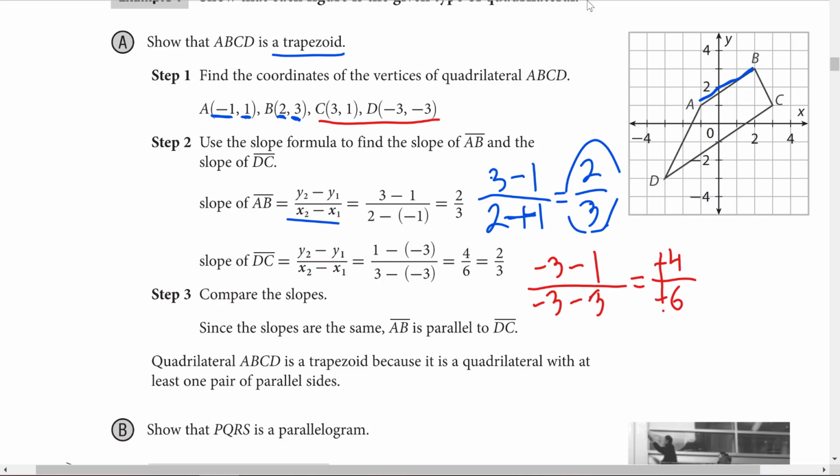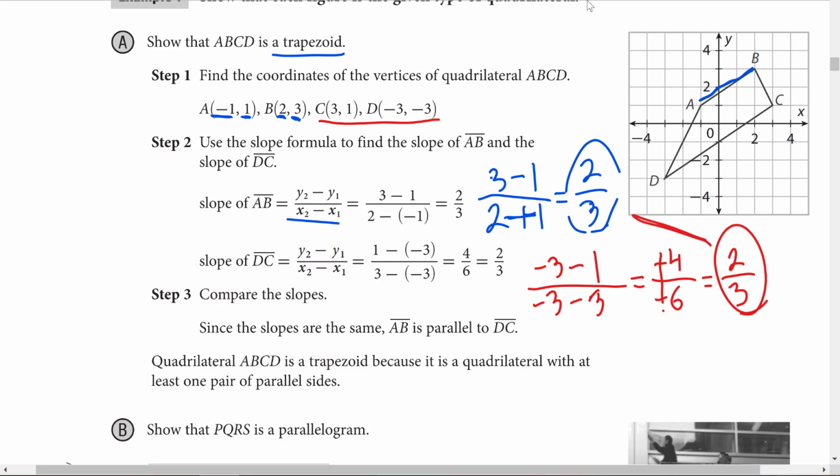Negative divided by a negative becomes positive, and 4 divided by 6, I can divide those both by 2, and when I do that, 4 divided by 2 is 2, 6 divided by 2 is 3, and I get the same slope.